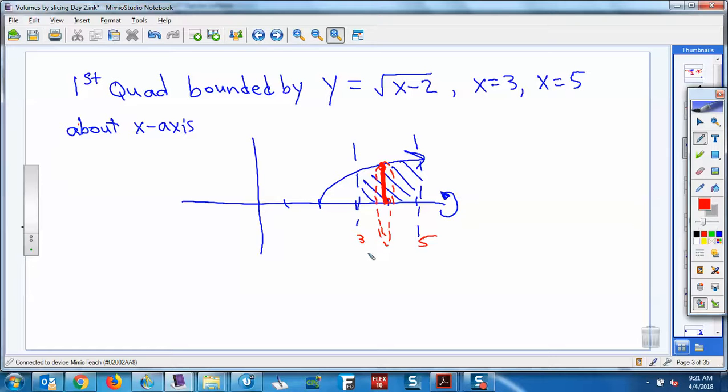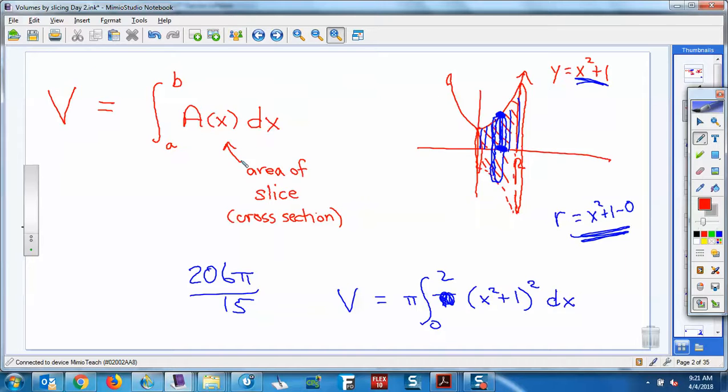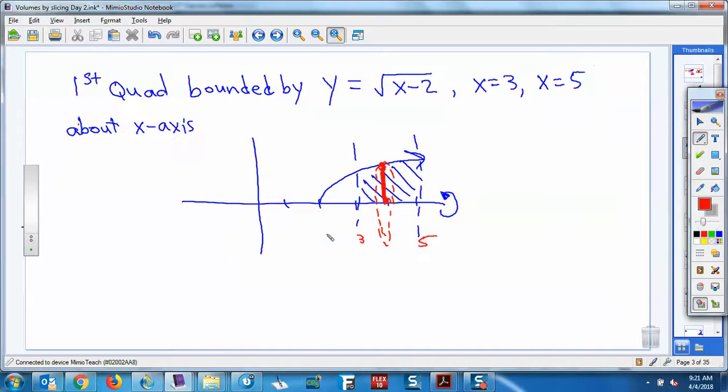Just the act of revolving creates circle slices every time. And all of a sudden this strip becomes what? No, the strip is the radius. That strip is the radius of that circle. And what we want, according to our formula, is the area of that circle, and then times the thickness, dx.